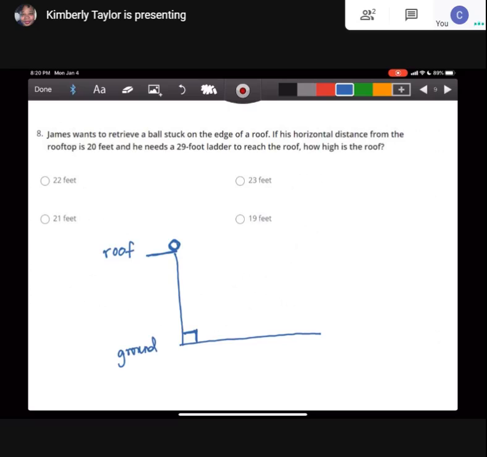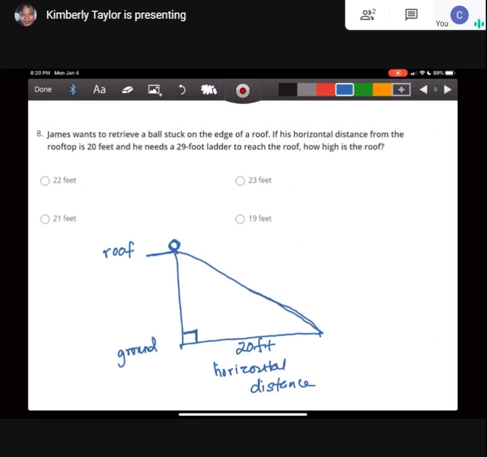So it says if his horizontal distance from the rooftop is 20 feet, they're talking about from here to here is the horizontal distance. So if that is 20 feet, and he needs a 29-foot ladder to reach the roof. But we know a ladder is going to be leaning against the house.